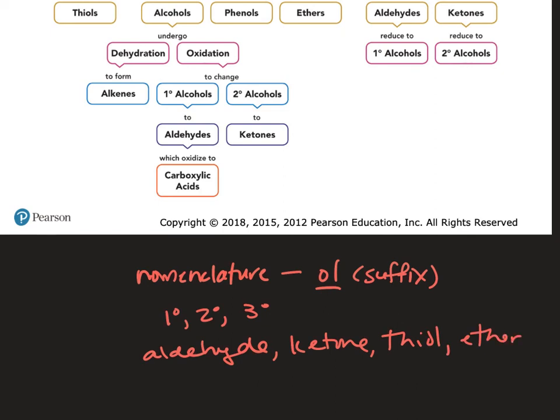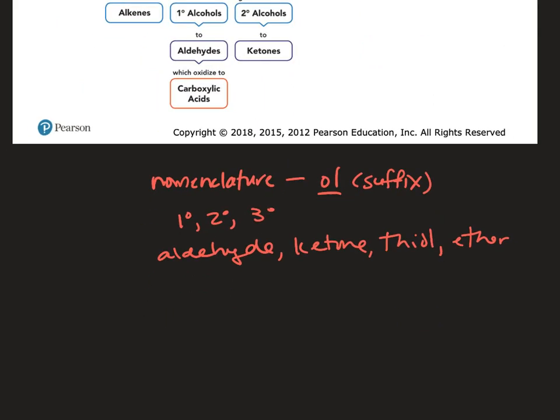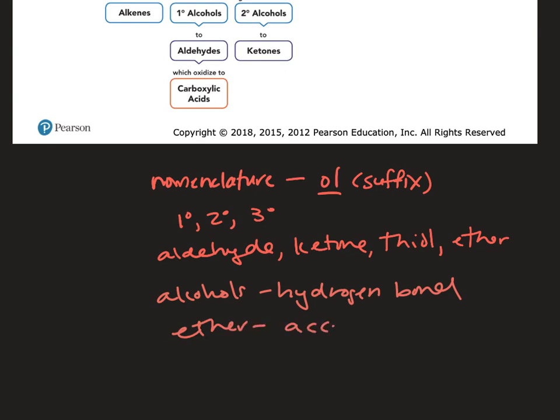You need to understand the properties of these molecules, that alcohols can hydrogen bond, while ethers can accept a hydrogen bond, but they cannot donate.